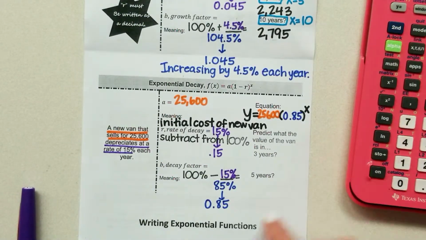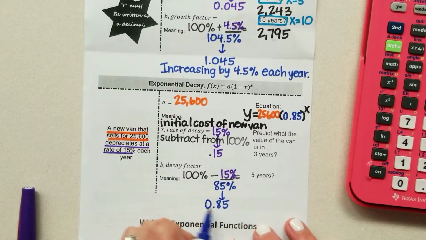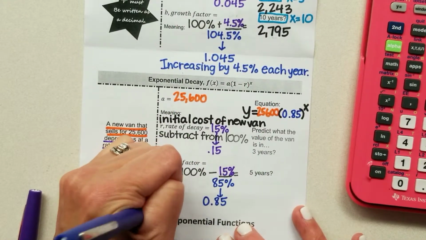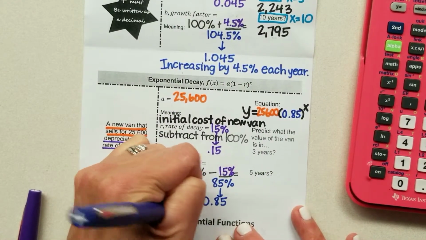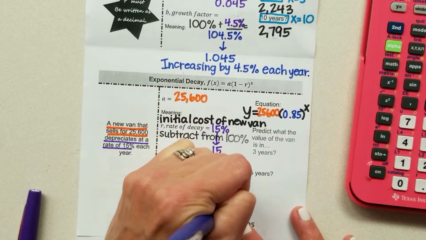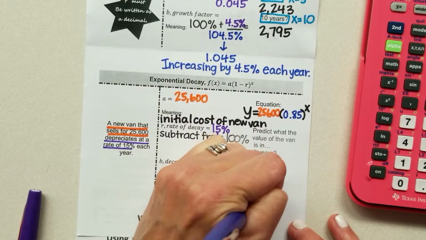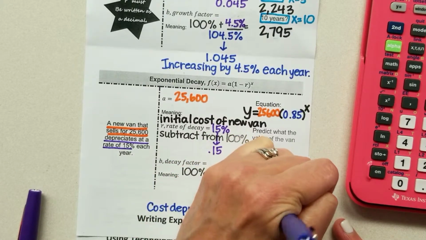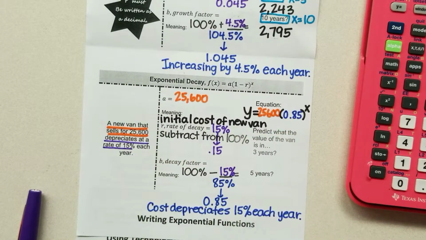And now I need to interpret. Well, if I have a decay factor of 0.85, that means that the cost depreciates 15% each year. That's how much value my van is losing every year. Okay, I'm going to lose 15%. So if I sell it, I'm not going to get as much as I did when I first bought it.